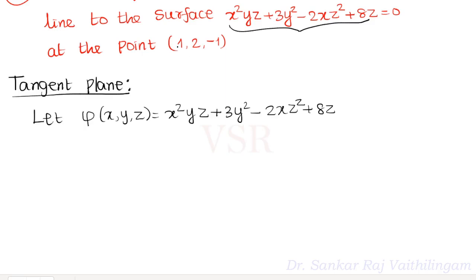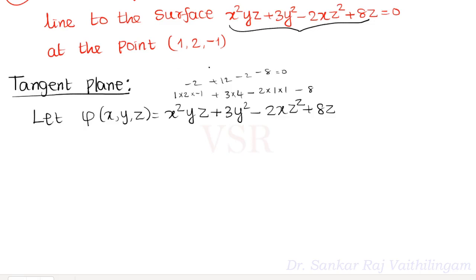For example, 1 into 2 into -1 plus 3 into 2 squared, which is 12, minus 2 into 1 into 1, that is -2, plus 8z, which is -8. Check this value: -2 -8 -10, -12 plus 12. So this is equal to 0. So this equation is satisfied.